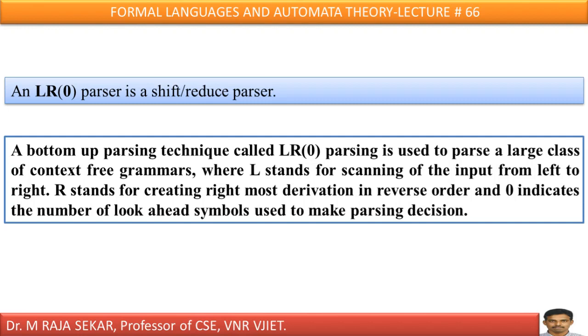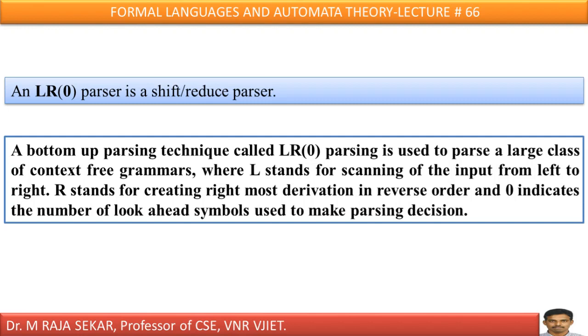Before solving the problem, I already explained what L is, what R is, and what this 0 indicates. Basically, this is a shift reduce parser. Maybe a few terms you may not be able to understand, but in future classes in the subject known as compiler design, you can understand all this terminology.